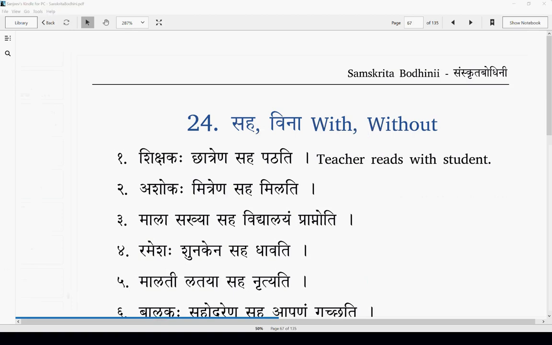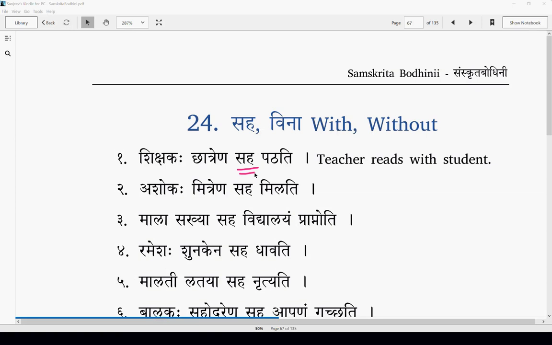Okay, so Tritiya Vibhakti in the previous examples came in the role of instrument. But here it is not used in the role of instrument. It is used because there is a saha in the sentence.